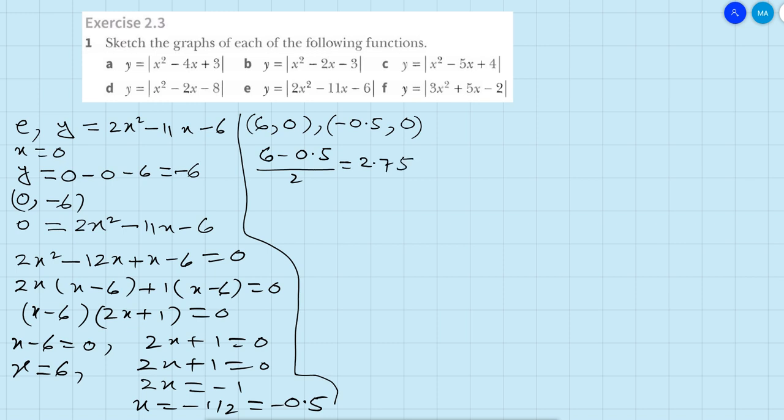Now put this value of x, 2.75, in the given equation. y is equal to 2x squared, so 2 into 2.75 squared, minus 11 into 2.75, minus 6. With the help of a calculator, find the value of y.